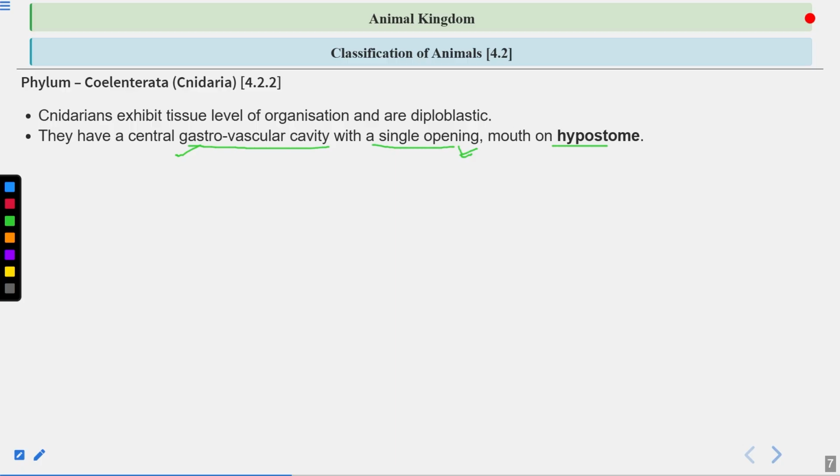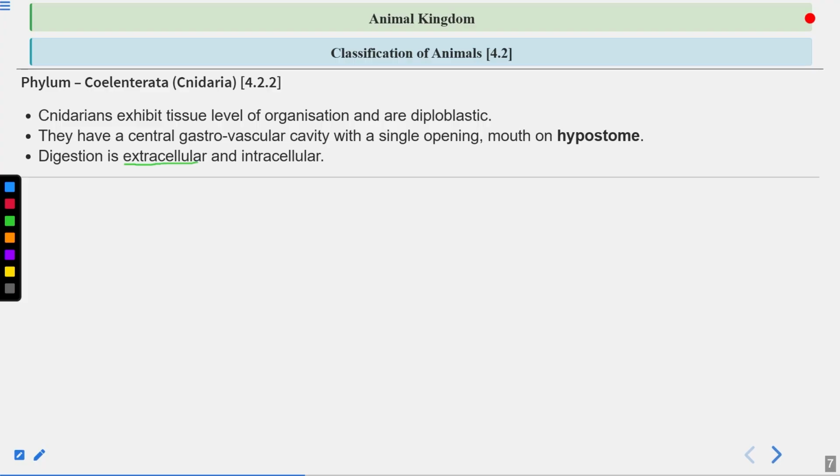That is called the mouth on hypostome. Hypostome is a structure somewhat like this, and many tentacles are there, and there is a small opening on the hypostome that is called the mouth. So a single opening is there.